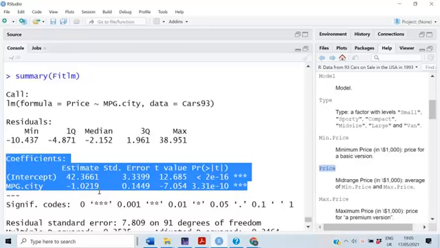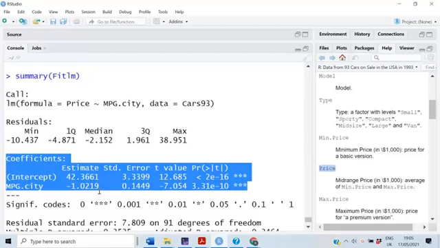Is that okay? Now, what about this one? For any 1 miles per gallon increase, miles per gallon is measured in what? It's the same thing, miles per gallon.